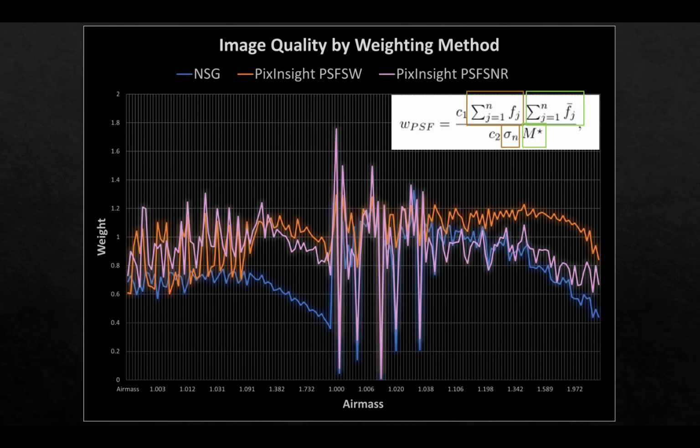The PixInsight PSF signal weight measure, the one here in orange, is the multivariable one, where you can see not only do we have the flux term, but we also have the mean flux sum, and we have m star here, which is the term that takes into account the background.